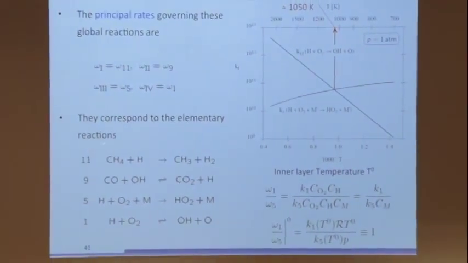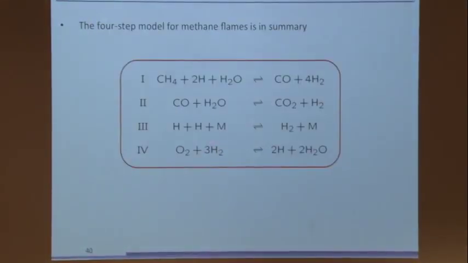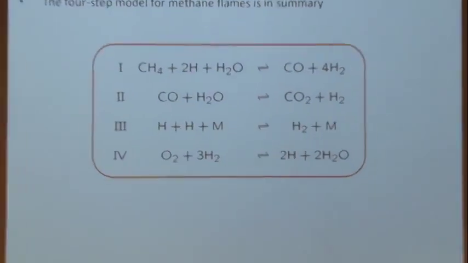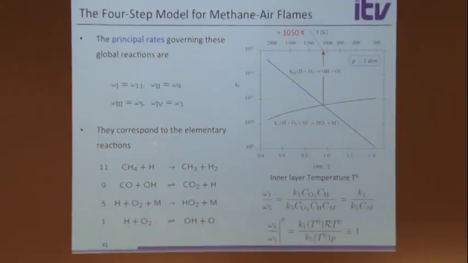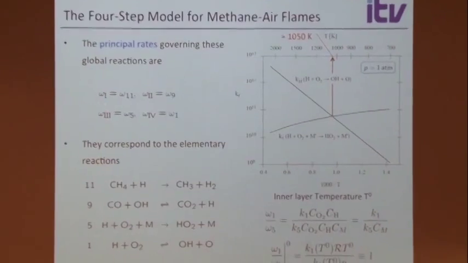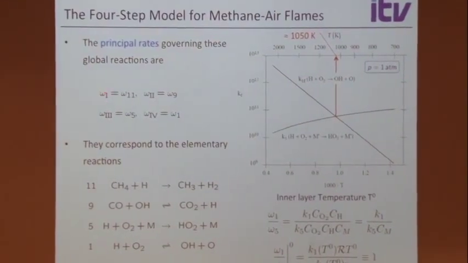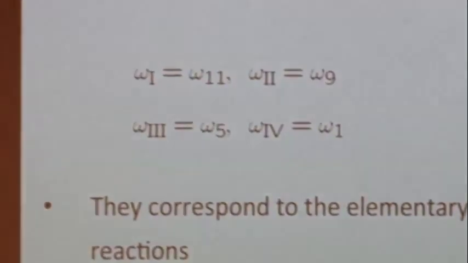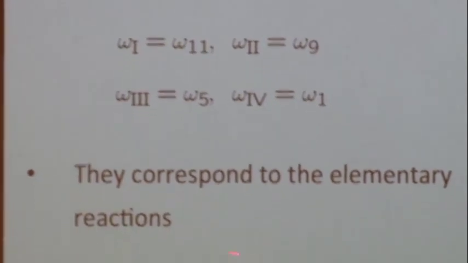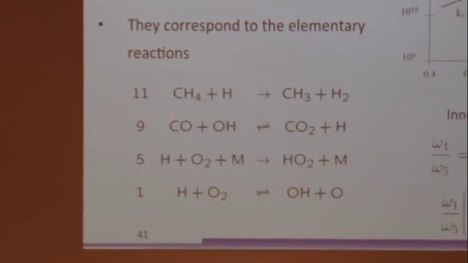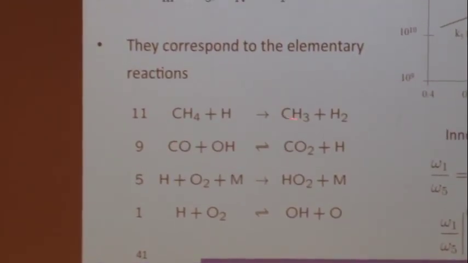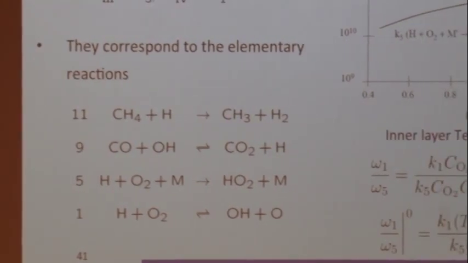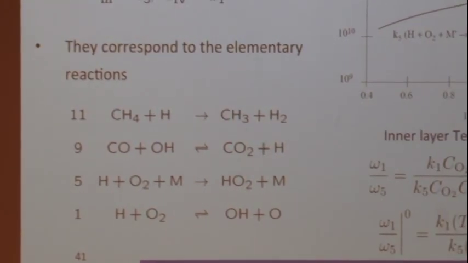Okay, so this summarizes this. We have these 4 steps. We said the rate determining step is always the initiation step. So the reaction rate of this global step number 1 would be the reaction rate of this. The water-gas shift reaction would be this reaction rate, and so on. This is what we said earlier.